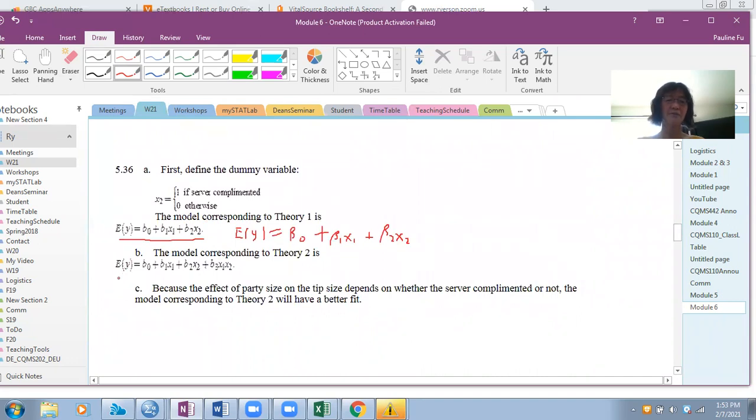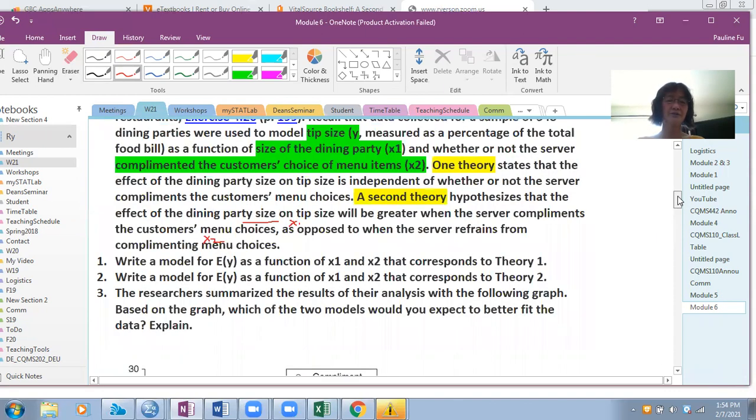So the model becomes E(Y) equal to beta 0 or B0 plus B1 X1, B2 X2 plus B3 X1 times X2. X1 times X2 is the interaction effect. Alternatively, instead of B0, B1, B2, B3, you can use beta 0, beta 1, beta 2, beta 3. So that is question 2.